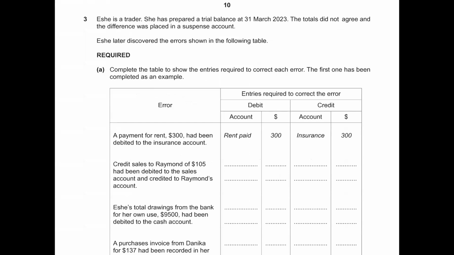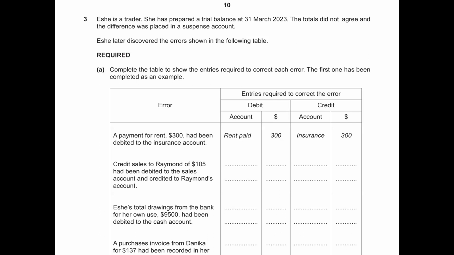The question number is 3 and it reads: a trader has prepared a trial balance at 31st March 2023. The totals did not agree and the difference was placed in a suspense account. She later discovered the errors shown in the following table.